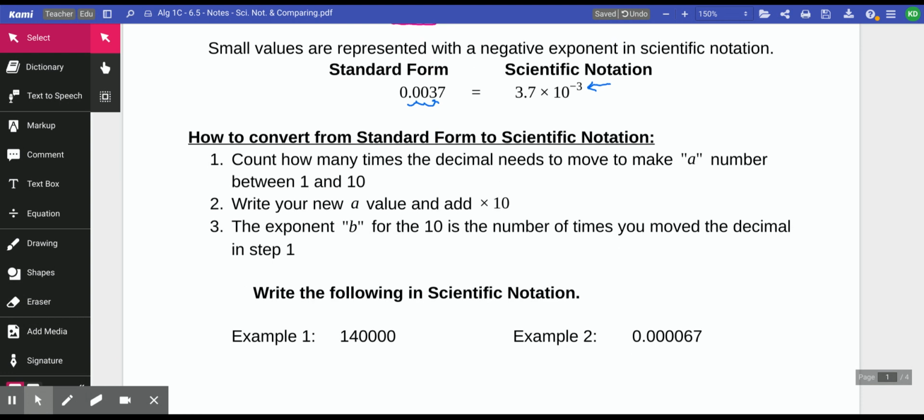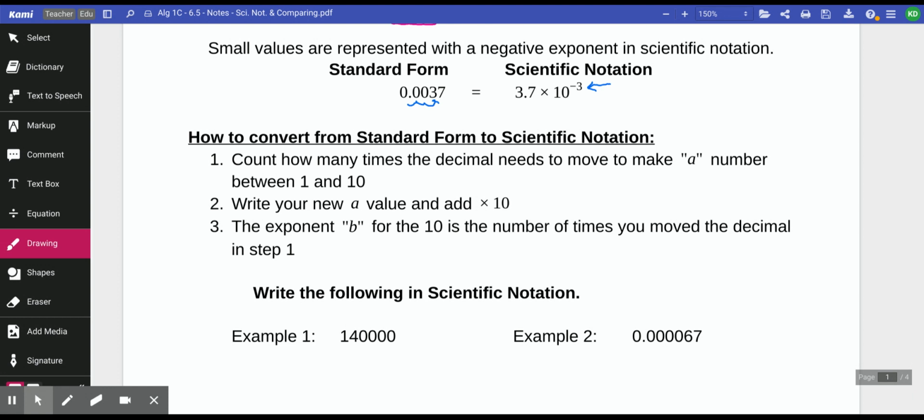So I just talked a little bit about how to convert from standard form to scientific notation, but here are your rules to read through and look at whenever you're doing a scientific notation problem. You have to count how many times the decimal needs to move to make the A number between 1 and 10, right? So that's getting that one digit to the left of the decimal. Write that new A value, then you're going to write times. This is the only time we use X to mean times.